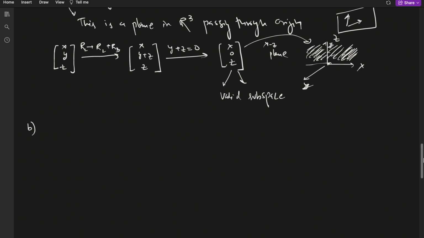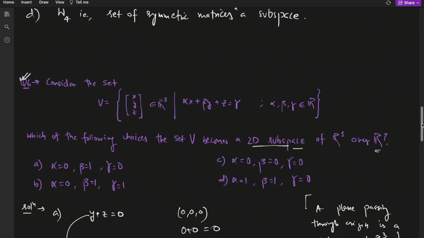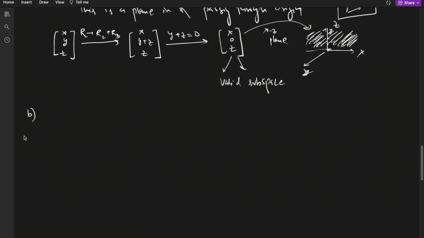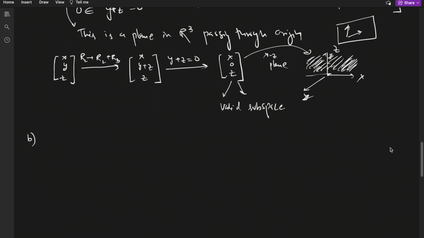The second one is alpha 0, beta 0, alpha 0, beta 1, gamma 1. If you put this in this equation, alpha, beta, gamma, then you will get this equation, y plus z equals 1. Now is this a plane? Yeah, it is a plane, but the question is, does this plane contain the null vector, that is the zero vector? Or in simple terms, does this plane pass through the origin? So let's check. This is the origin coordinates.